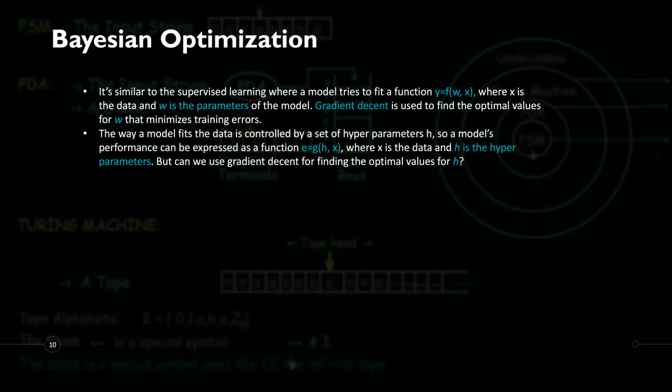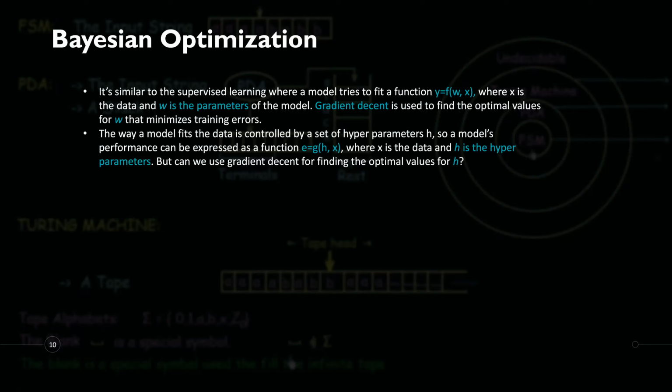But the way a model fits data is controlled by a set of hyperparameters H. So a model's performance can be expressed as a function E equals g of H and X, where X is the data and H is the hyperparameters.